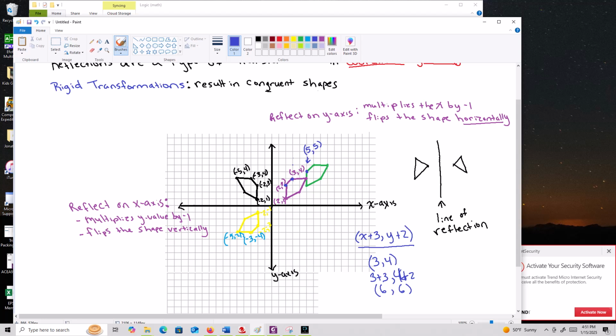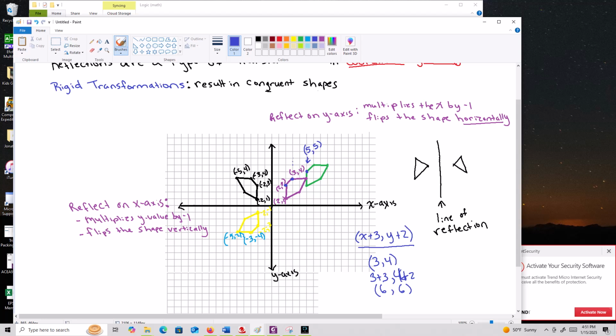I did the math of 6, 6, so it seems like I'm going to a different place than I was anticipating. So that's the reason I'm trying to relook at my work. I think that I messed up. Sorry. All right. So if I'm looking at 3, 4, I can go x plus 3.